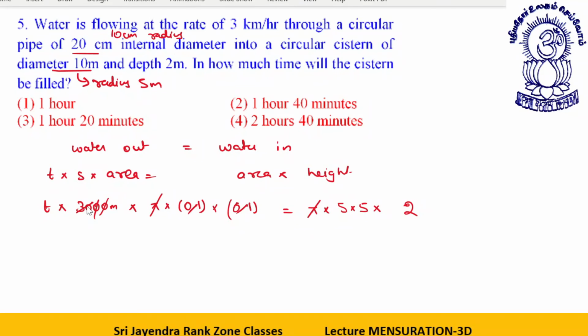This 30 will cancel with 5 to give you a 6. 6 will cancel with 2 to give you a 3. So what I am left with is t is equal to 5 upon 3 hours or 1 hour 40 minutes. Which option? Option number 2 is your answer.